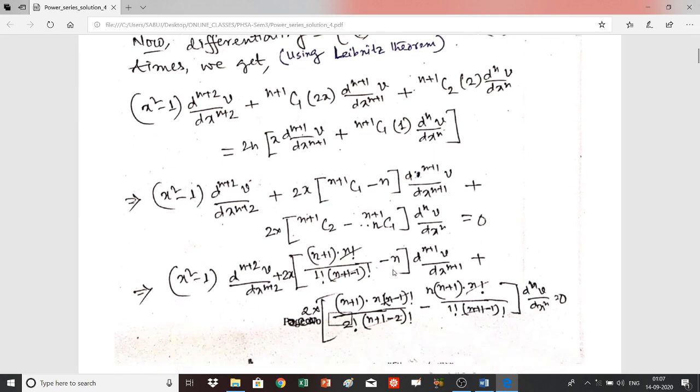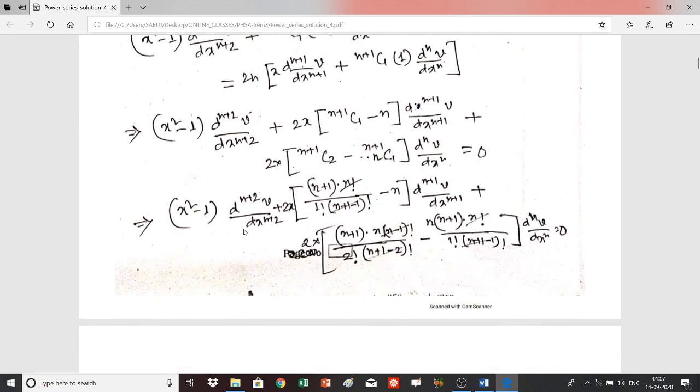So next, (x² − 1) d^(n+2)v/dx^(n+2) plus 2v. This is the first term. Okay, then plus 2x. Just simplify this, and you know that (n+1)C1 is equal to (n+1)! by 1! into (n+1−1)!, which is written here.